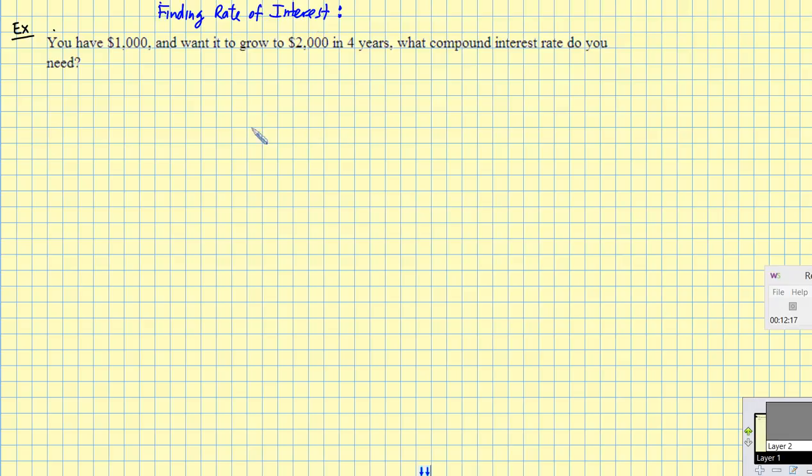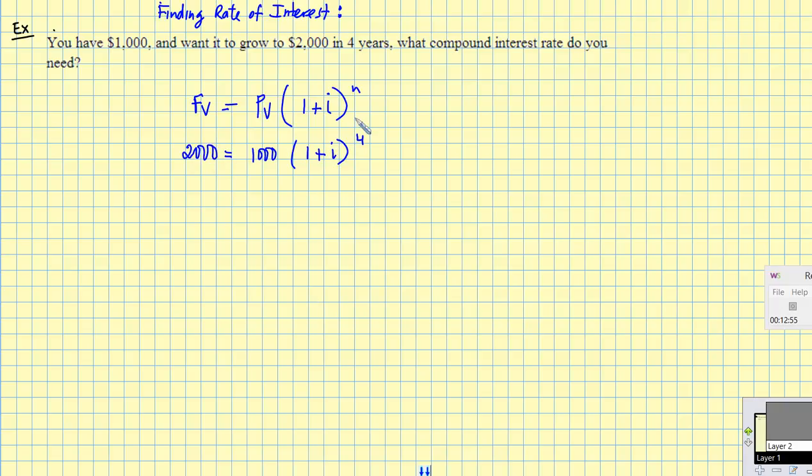So again, using the compounding, the future value is going to equal the previous value times 1 plus the interest rate raised to the power of n, which is your time. So I know that presently I've got $1,000, and I need to find out what the value of I is when it's raised to the power of 4. That's my time. And I know that my future value needs to be $2,000.